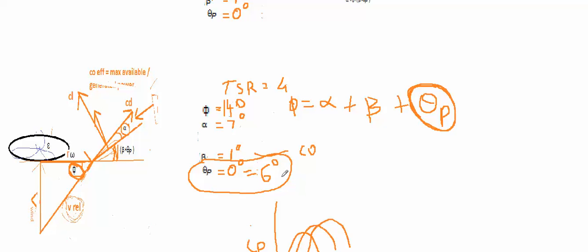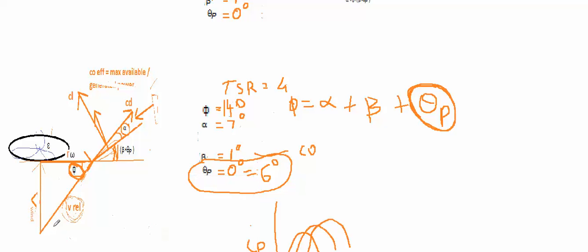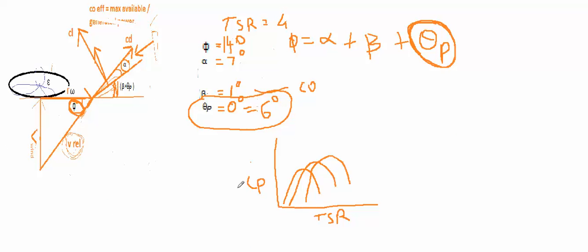Now we will get into forces, and into the design of the complete blade. Up till now we were dealing with elements. So for this video, I hope you understand that pitching is very important to achieve the best possible CP. We have to change the pitch according to the change in tip speed ratio.